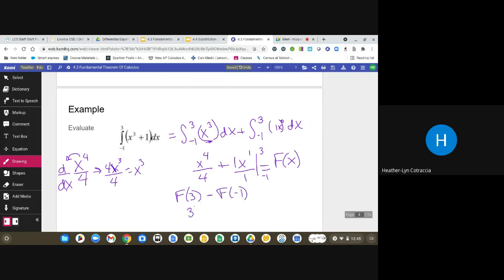So I'm going to have 3 to the 4th over 4 plus 3, minus negative 1 to the 4th over 4 plus negative 1. And then you just type that in the calculator and you get your answer.